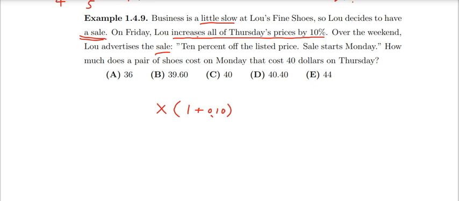Over the weekend, they want to advertise the sale. The sale says 10% off the listed price. So what is the listed price? This one should be the listed price, right?